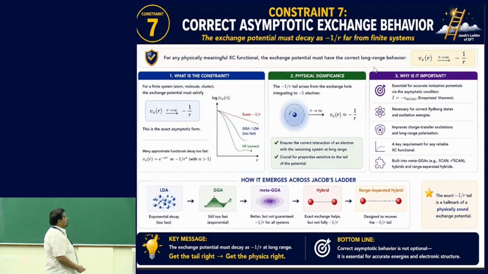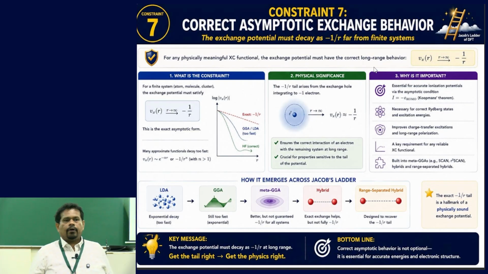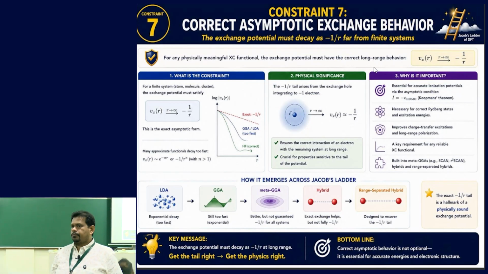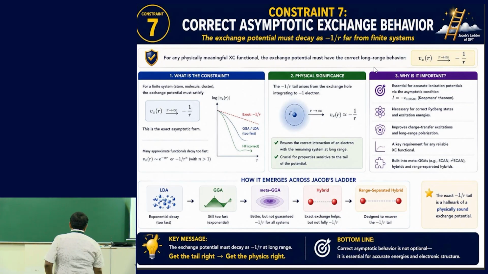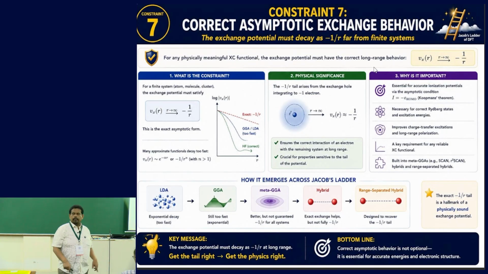Now the constraint 6. See, if you look at any wave function, the hydrogen wave function and other things, if you do the density, how does the wave function look? Exponential minus r upon a naught, the Bohr radius kind of thing. Now, if that is the case, the density also goes exponentially. If you put it in the exchange correlation functional, it will be exponential, that potential or whatever.